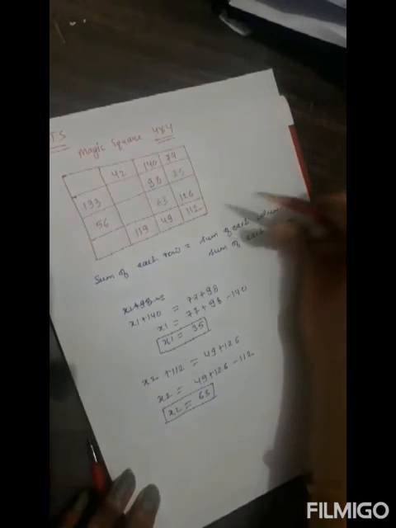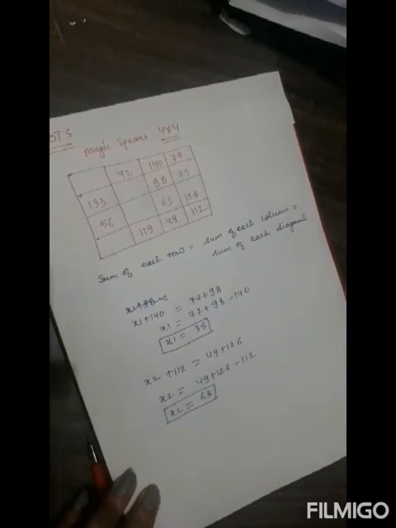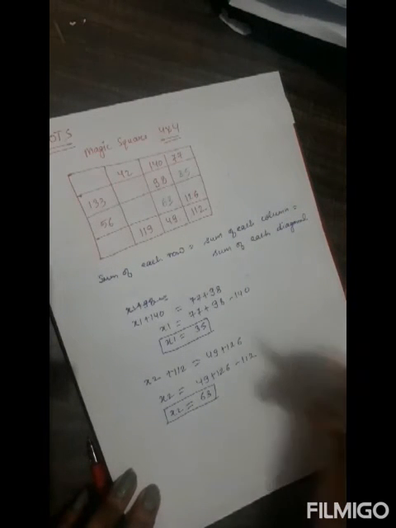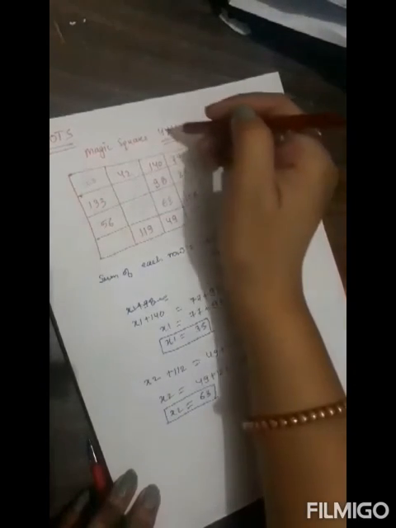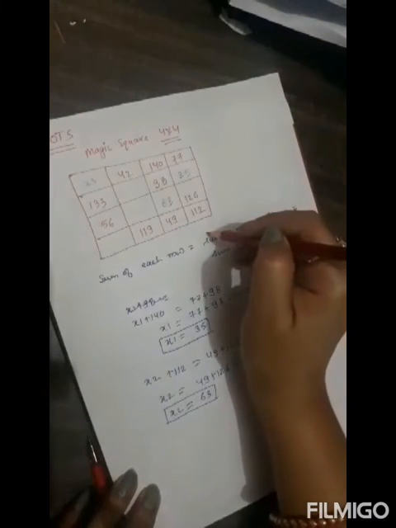Now we are having here complete 2 columns are completed. So if I want to find any other number, let's see. Suppose I want to find this number now or this number, let it say x3. So the sum of this row should be equal to the sum of this column.